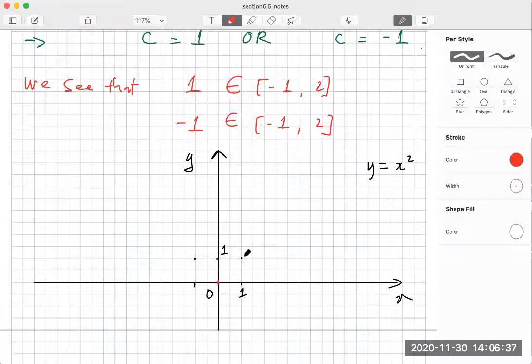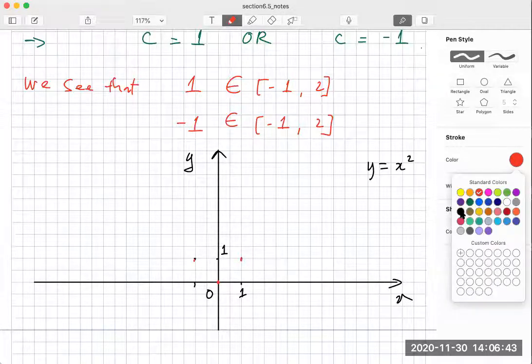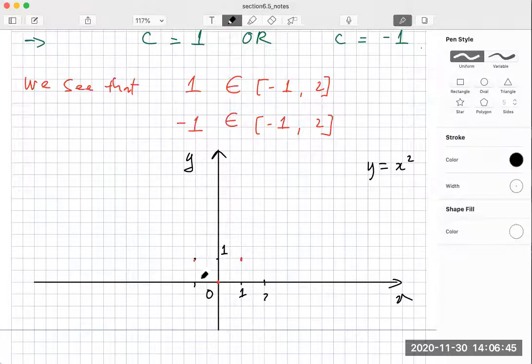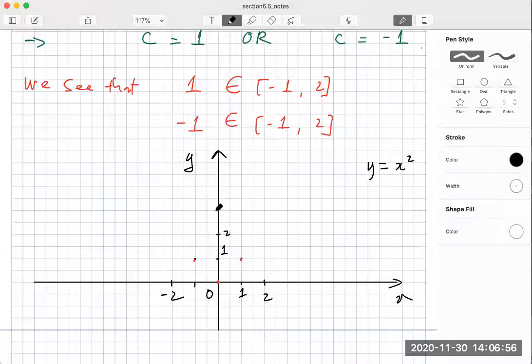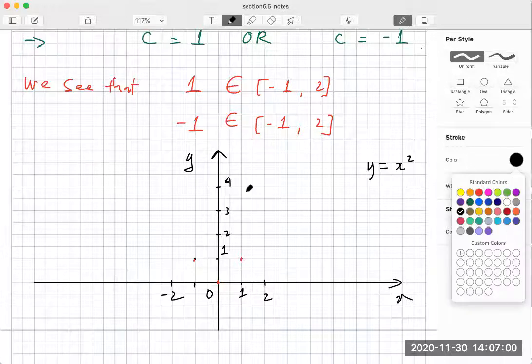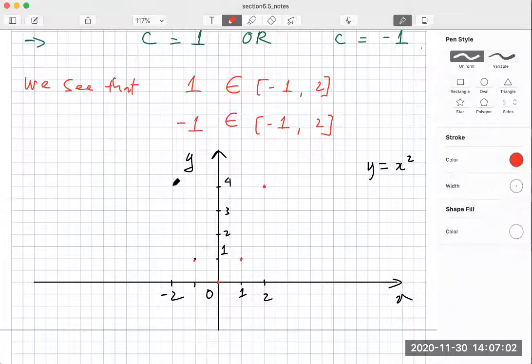At 1 or negative 1, the graph will be 1. At 2, it will be 4, right? Therefore, the graph of this function will be like this.